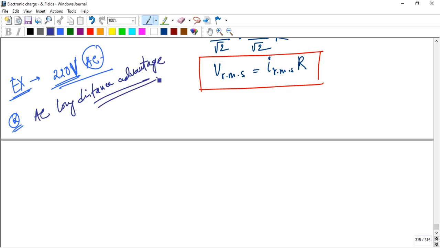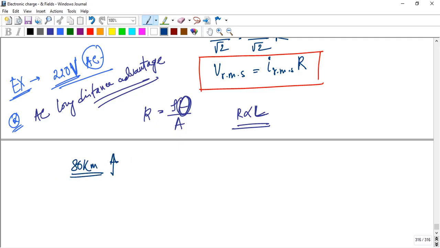What is the long distance advantage? R equals rho L by A, so R is directly proportional to L, the length of the conductor. If the length is very high, R is also high. I live in Kolkata and our power supply comes from Kolaghat power station, almost 80 kilometers away. Over 80 kilometers the resistance is very high, and if resistance is very high, there is a drop of current.